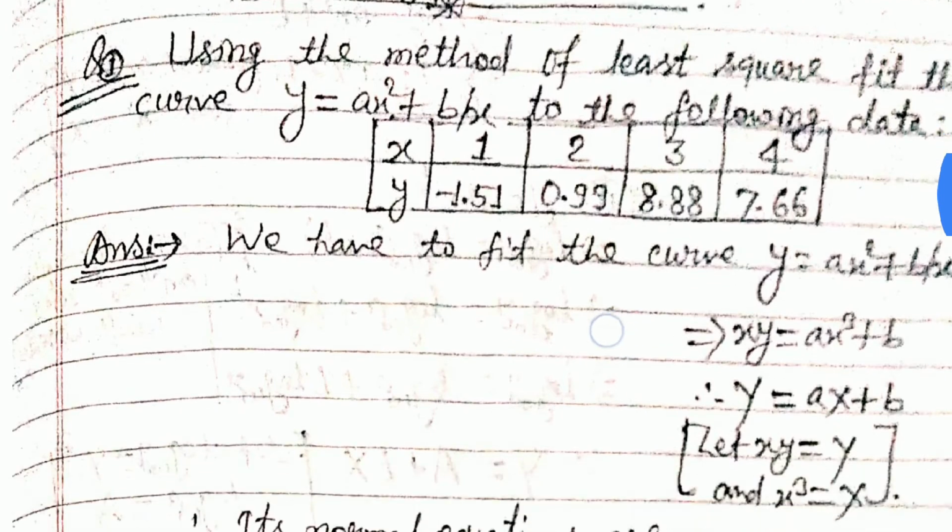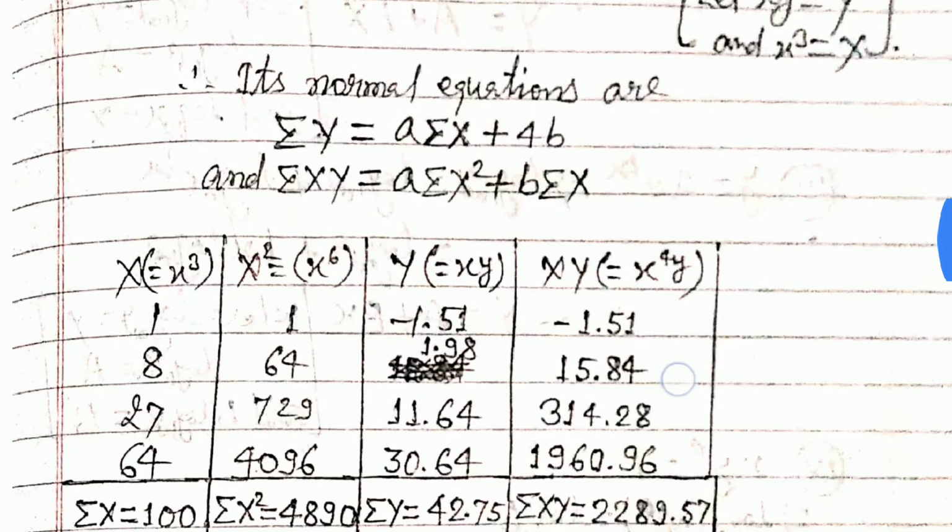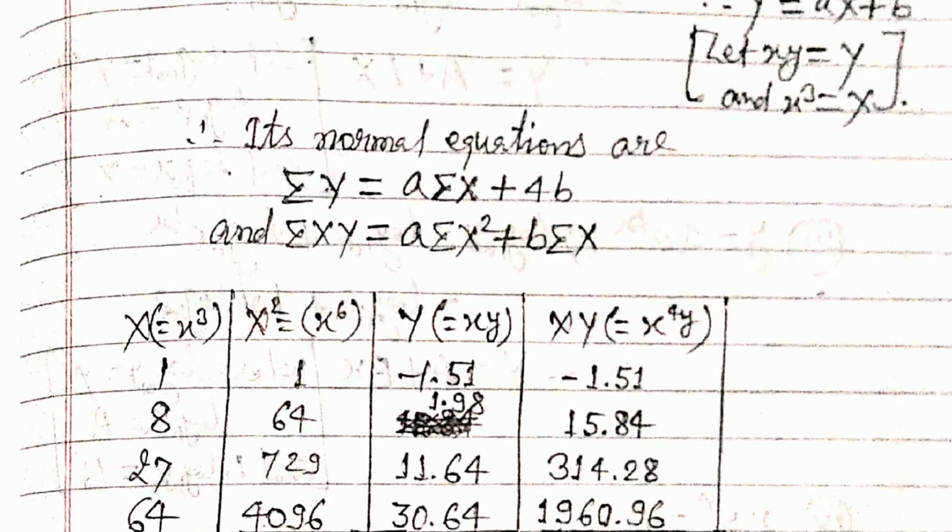Particularly for this question it is 4, because 1, 2, 3, 4, four values of x and y are given.